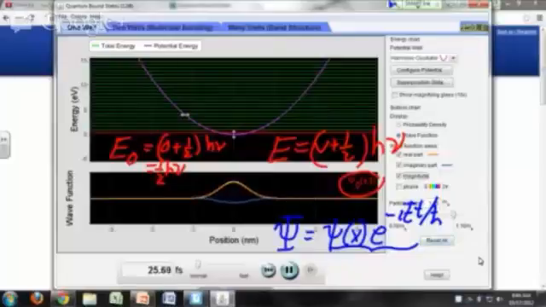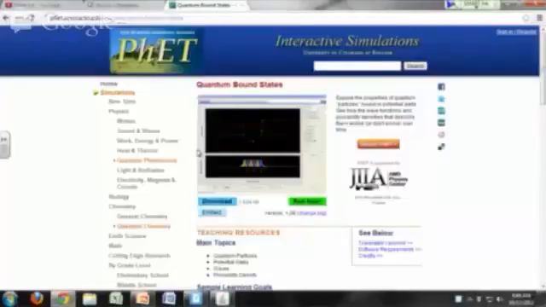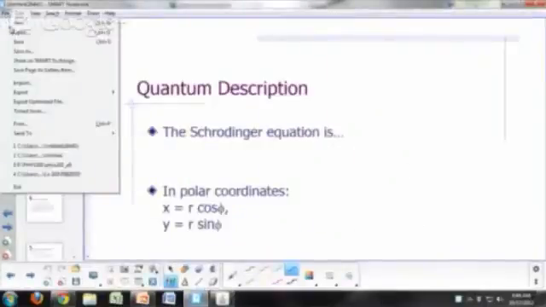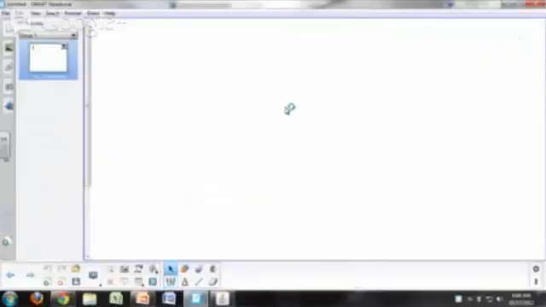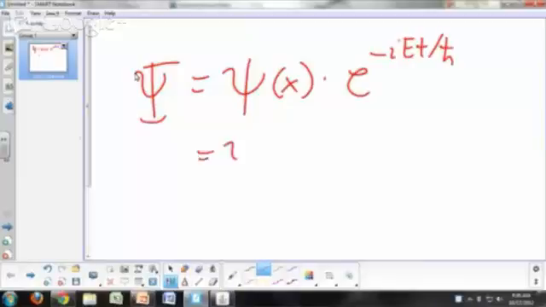And just to remind you, how do you get the real and imaginary components? Let me bring up the notebook right here. If you remember, your big psi is equal to little psi, which depends on x, times e to the minus i E t over h bar. So that's the function of x times the function of time.